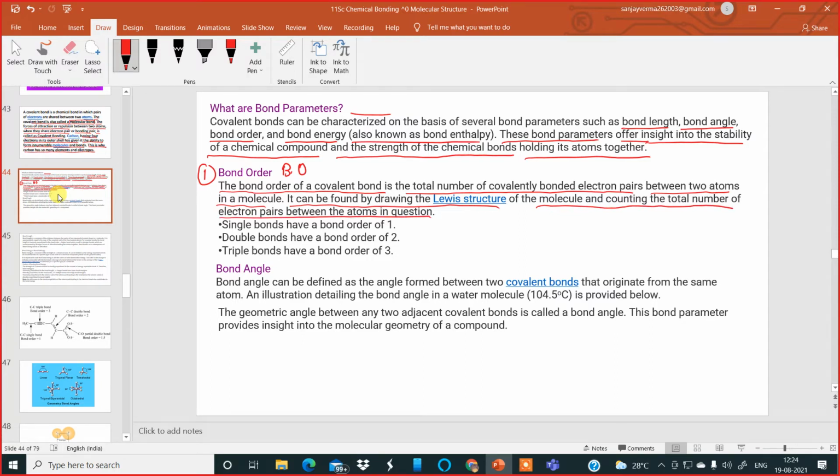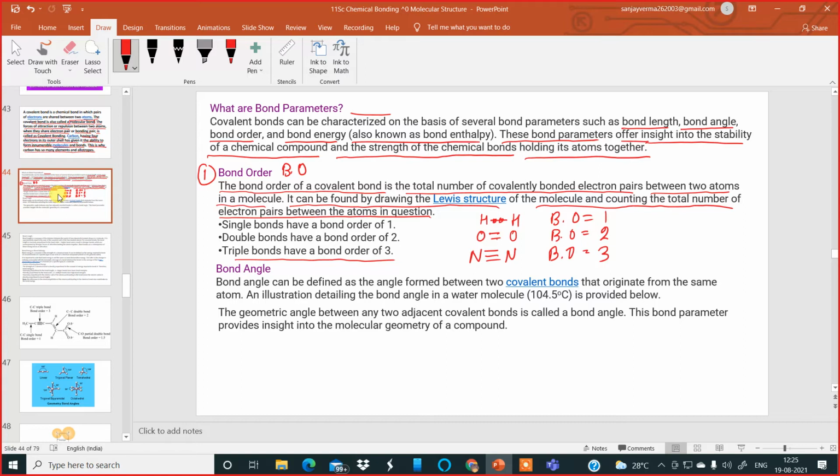For example, between hydrogen atoms there is a single bond, so its bond order is 1. In the oxygen molecule there is a double bond, so bond order is 2. Triple bonds have a bond order of 3. In the nitrogen molecule there is a triple bond, so bond order is 3.